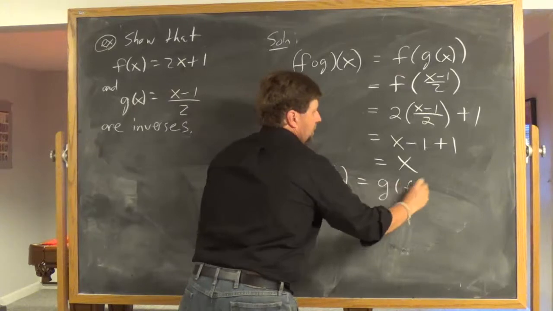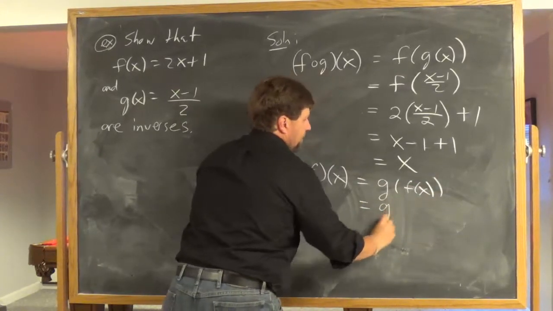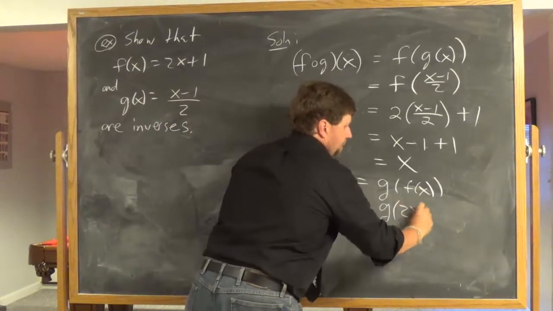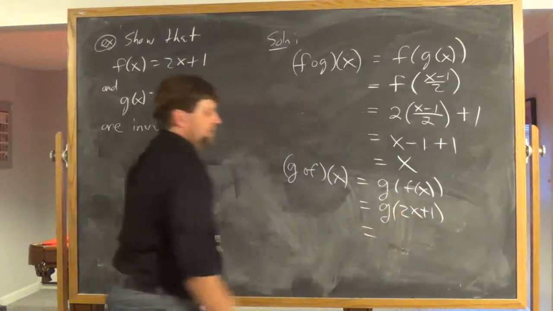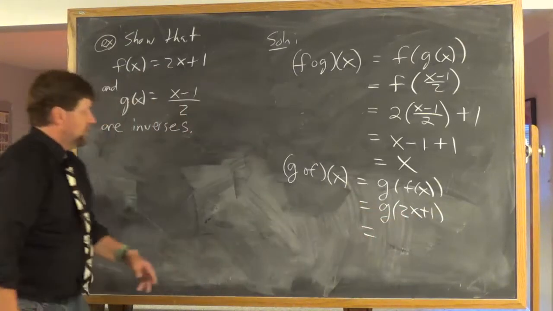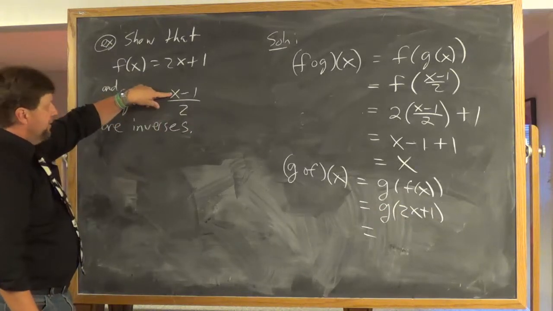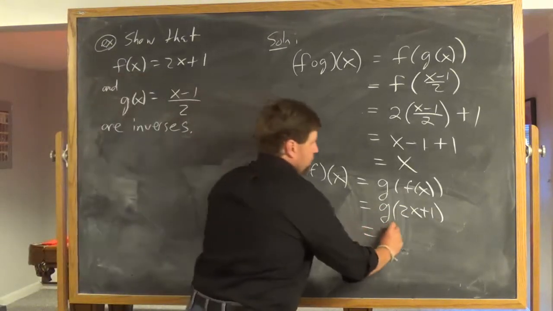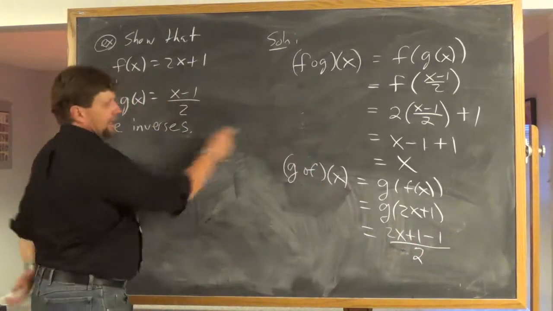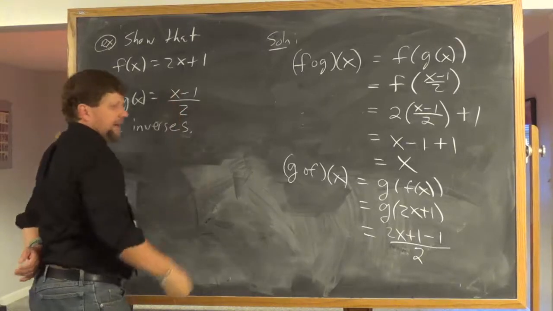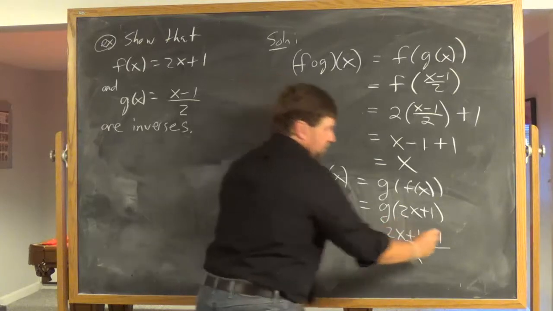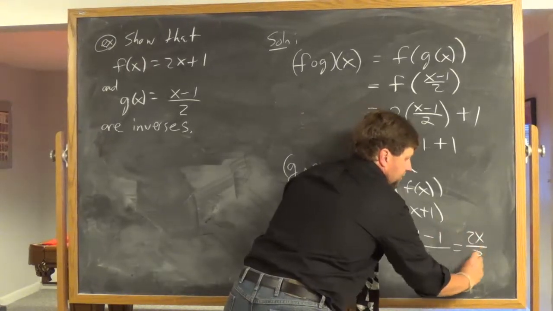And if we do g of f of x, where's f of x? Here it is, 2x plus 1. To do g of 2x plus 1, remember you're just evaluating a function, so you take 2x plus 1 and toss it right in here for x, so you get 2x plus 1 minus 1 over 2. 2x plus 1 came in here for x. 1 minus 1, well, that's 0, so you're left with 2x over 2.